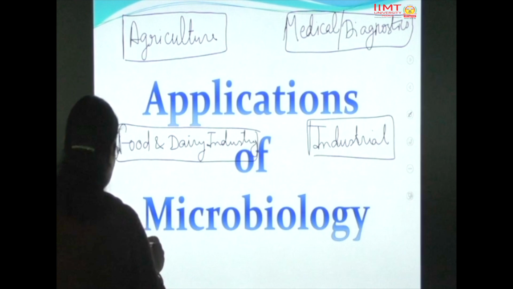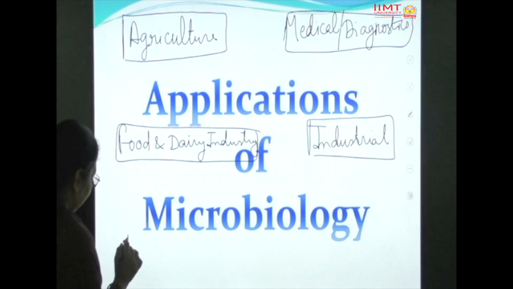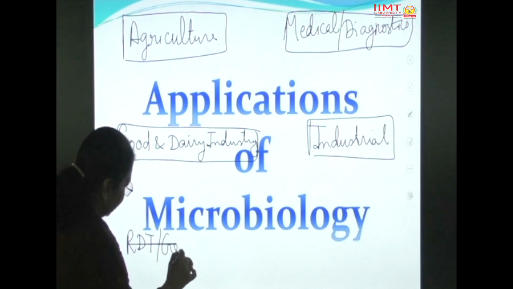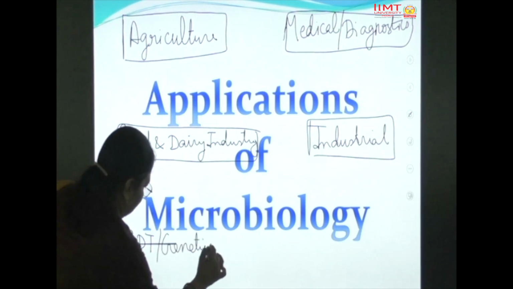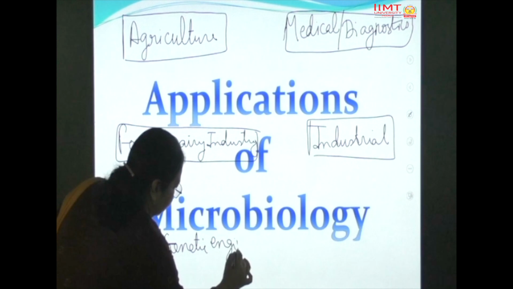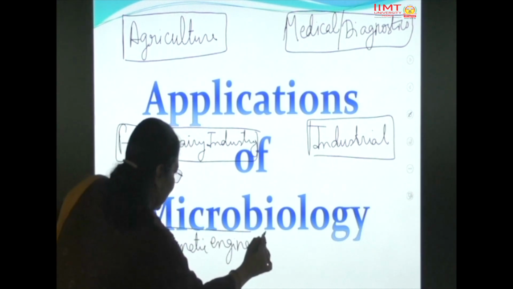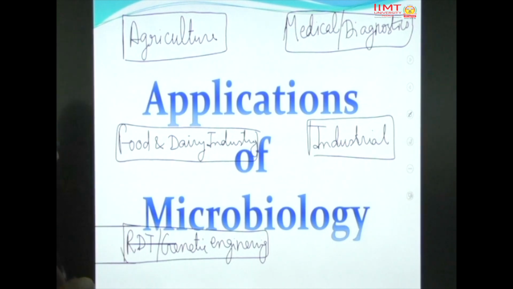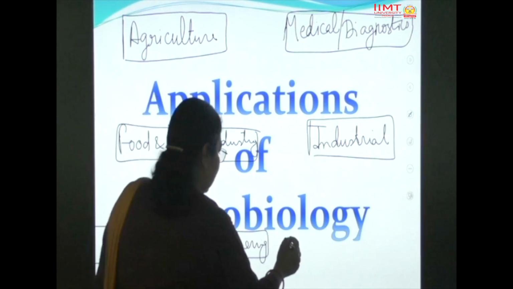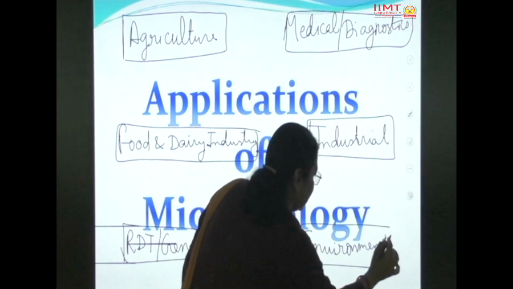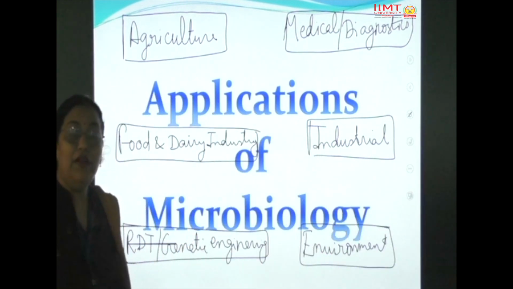Other than this, one field is recombinant DNA technology or genetic engineering. In this field also microbes are being used. Other than this, there is another field, that is environment. Microbes find application in the environment too.